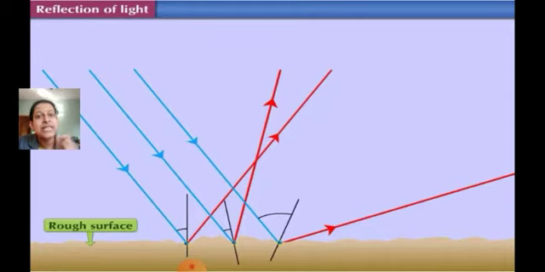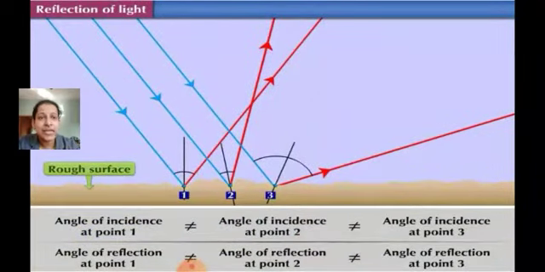Since the surface is rough here, whatever is the angle of incidence, all the angles of reflection will not be the same. In this case, if you see, the reflected rays are not coming parallel to each other.